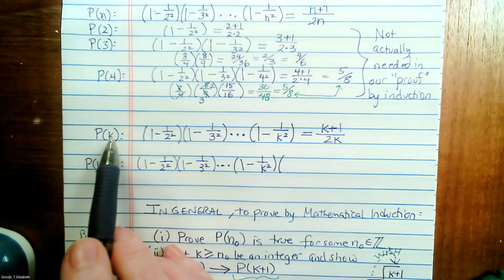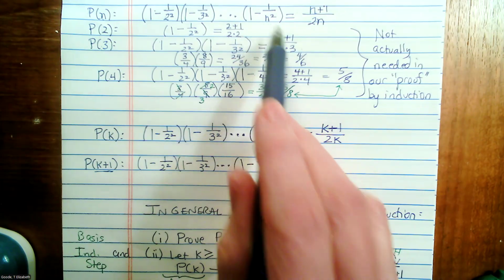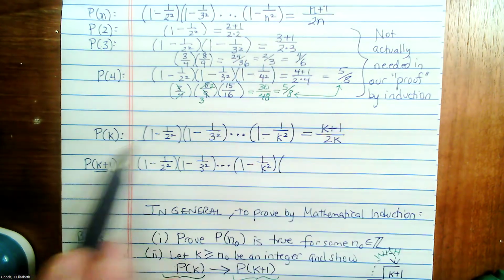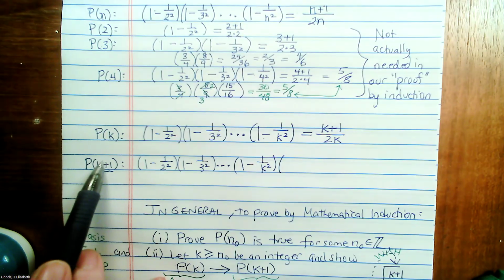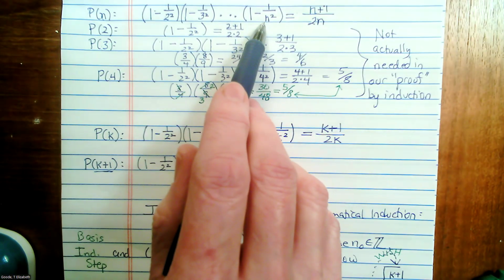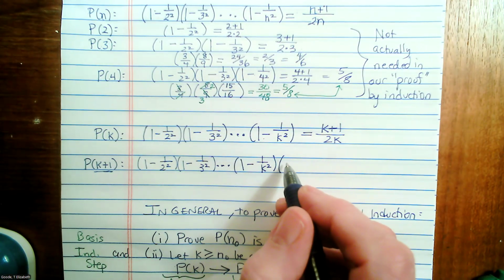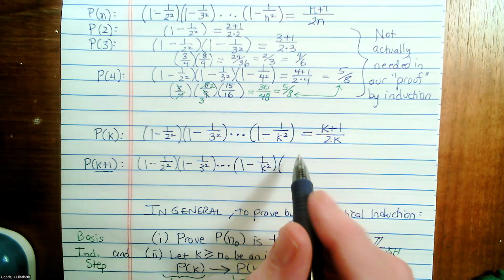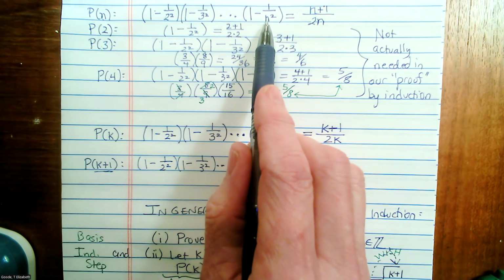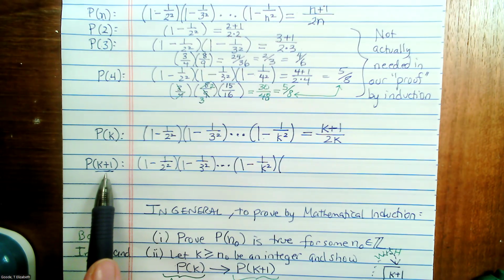So instead of replacing n with k, where we replaced n with k in P of k, here we're going to replace n with k plus 1 here and here and here. So our last factor would look like what? We're replacing n with k plus 1.